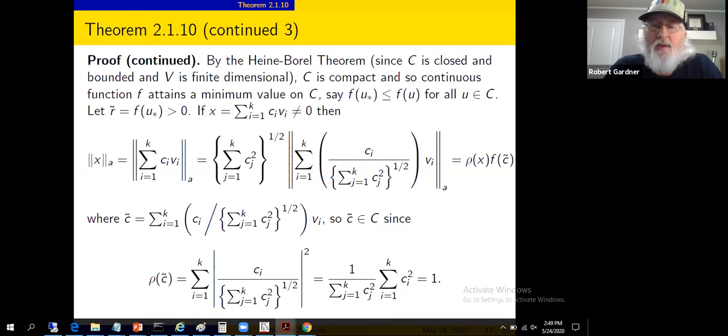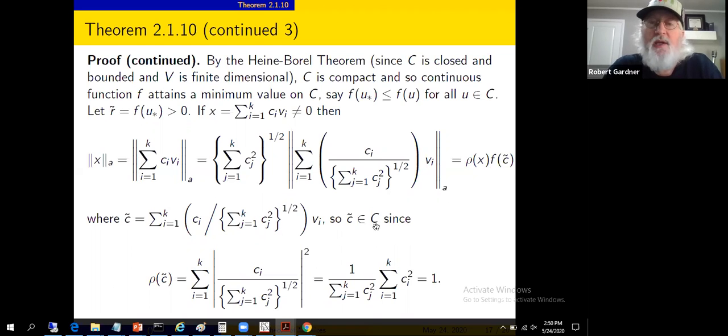We're trying to get out that the A norm of x is greater than or equal to r tilde times rho of x, where r tilde is a constant. Here's your problem: that isn't a constant. We were talking about an r tilde a second ago. How big could f of c tilde be when c tilde is in C?